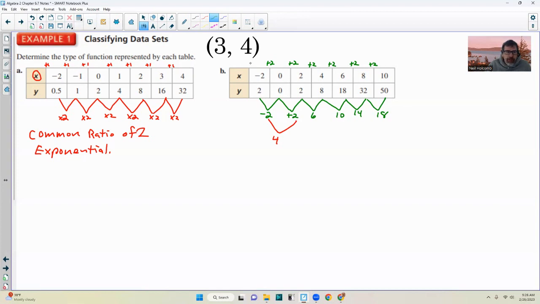So this is a difference of 4. From 2 to 6 is 4. From 6 to 10 is 4. From 10 to 14 is 4. And from 14 to 18 is 4. So this is the second difference. Since the second differences are constant, the data in the table represents a quadratic.